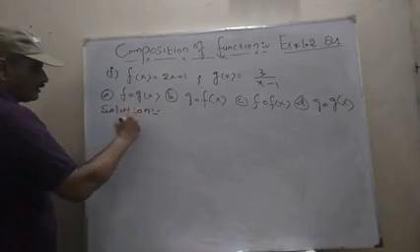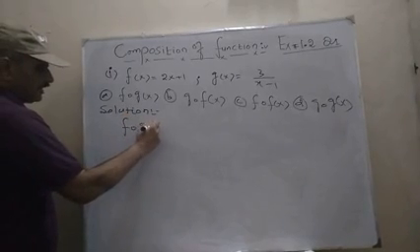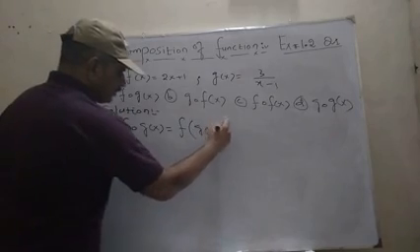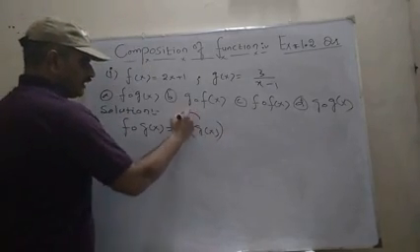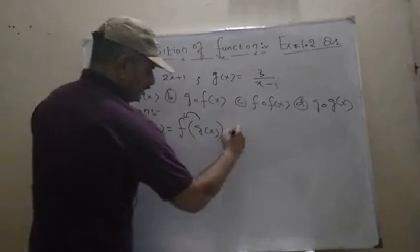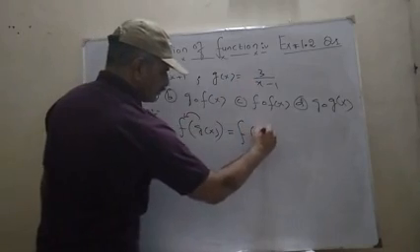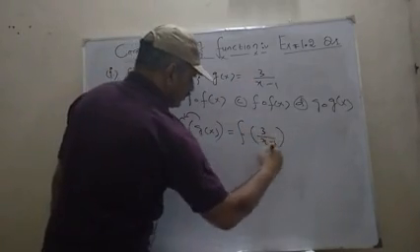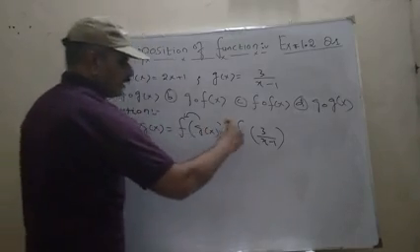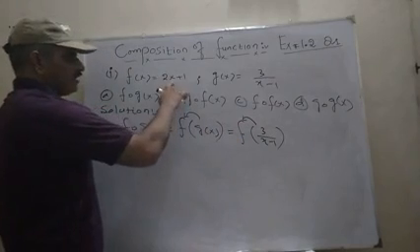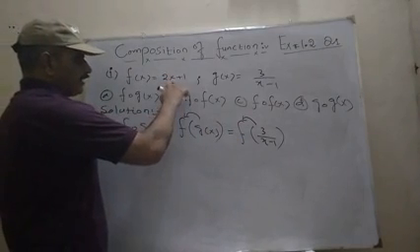The first part is find f of g of x. What does it mean? You have to substitute the value of g in f. Here g of x is 3 over x minus 1. So you will write in parenthesis 3 over x minus 1. Now you put this value in function f, whose variable is x.